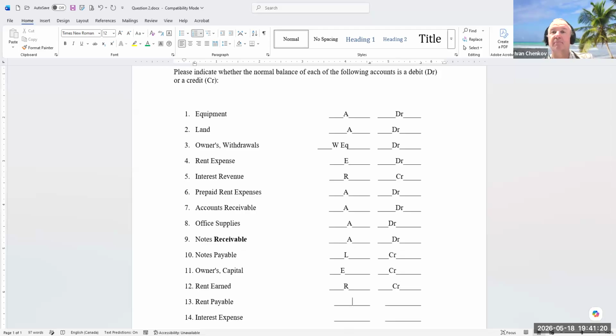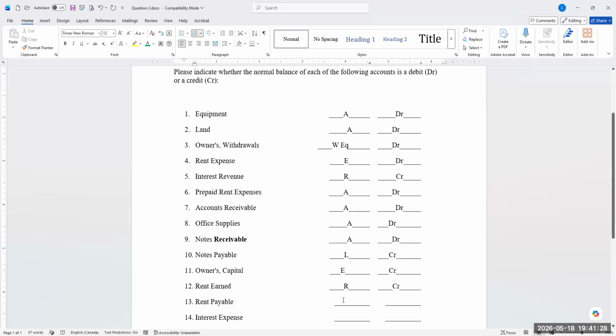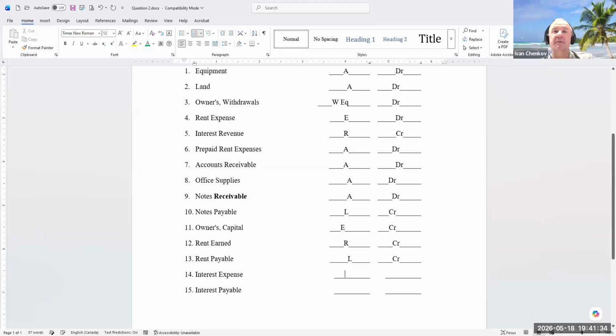Rent payable: liability and a credit, correct. Interest expense: expense and debit, correct.